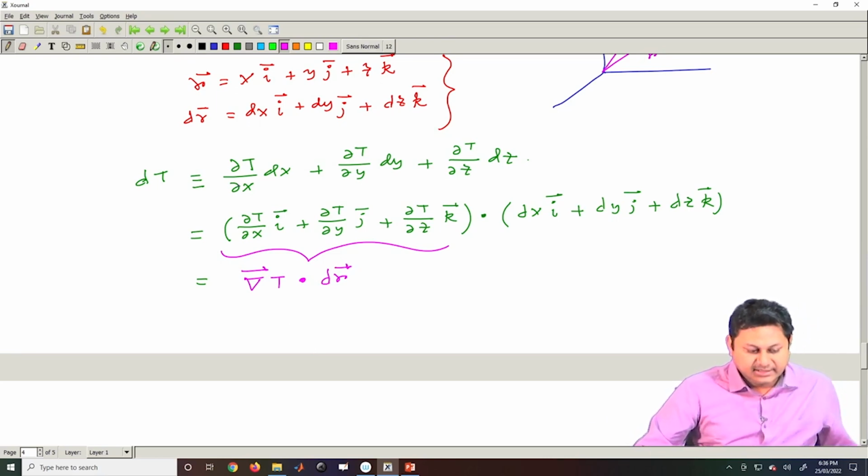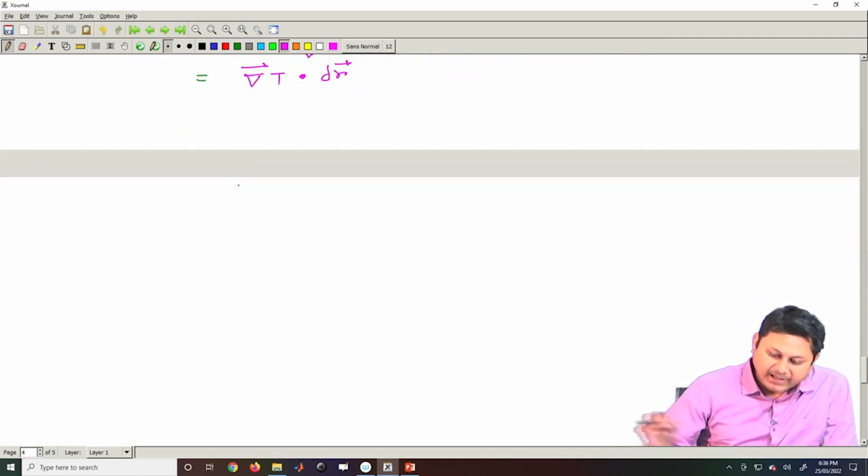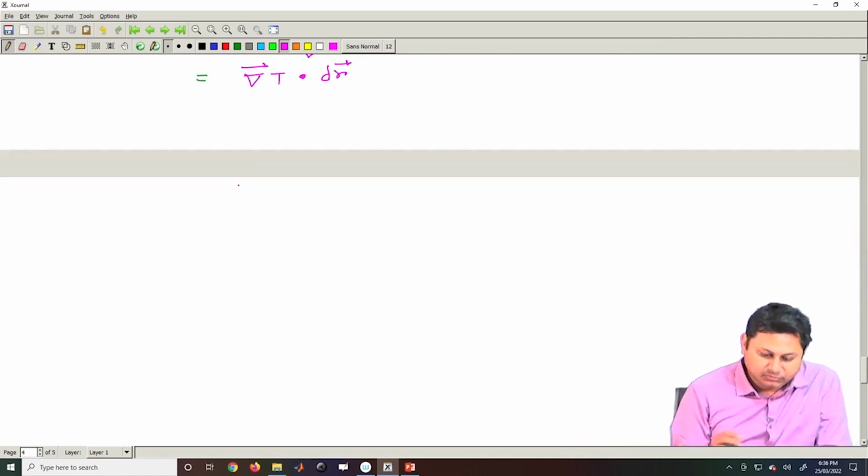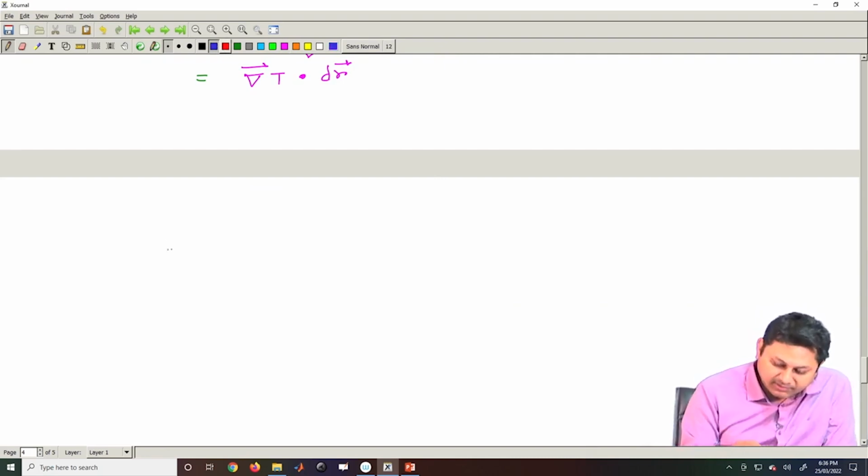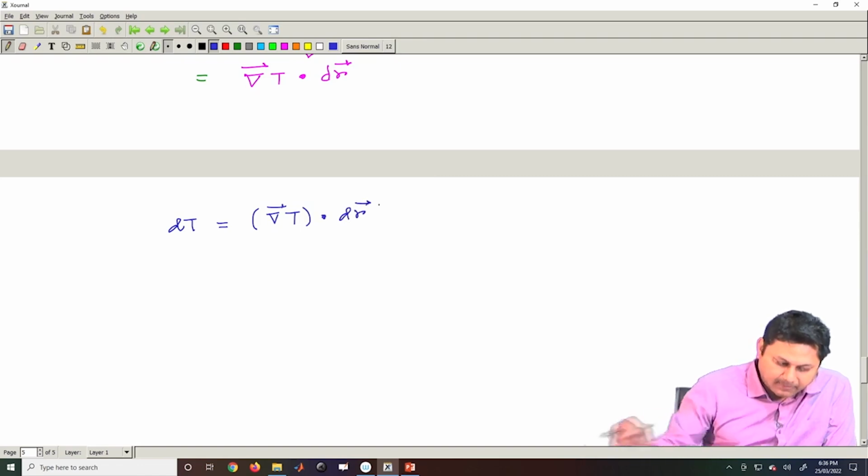So, what is then this notation? This del is an operator and it operates over T. So, let me now rewrite once again. I am writing dT, the variation of T, as an operator operating over T, I am getting something dot dr vector here.